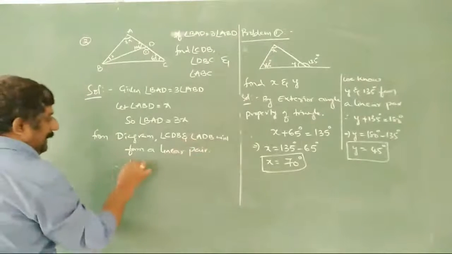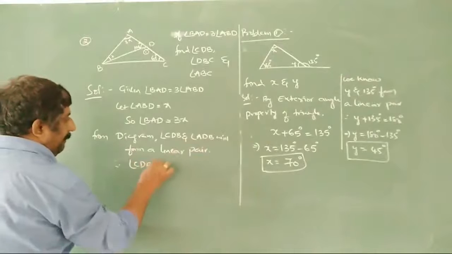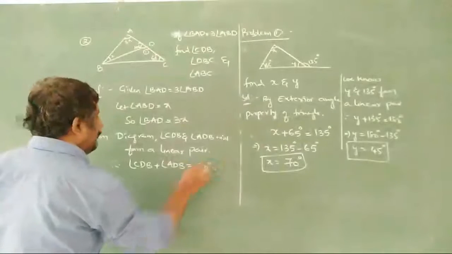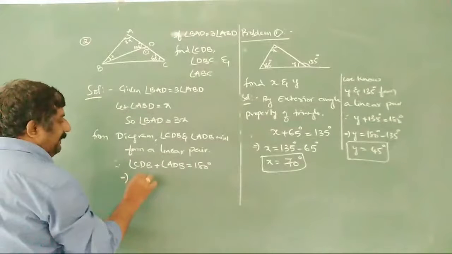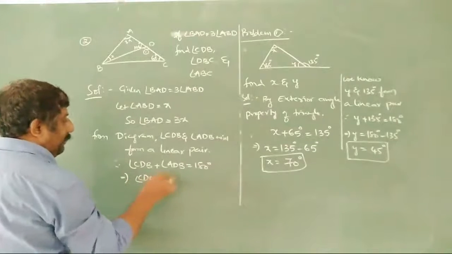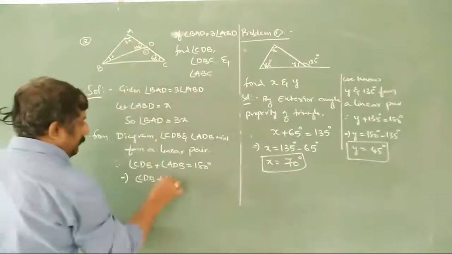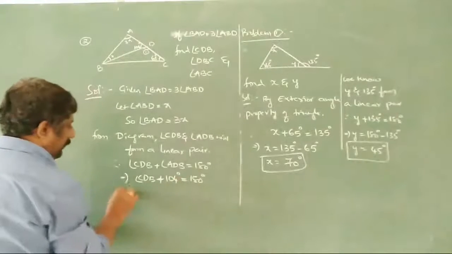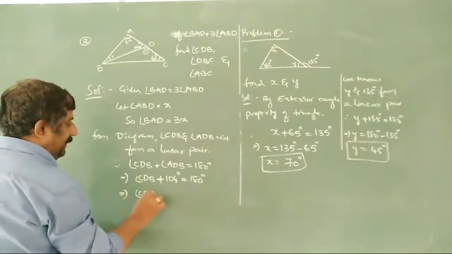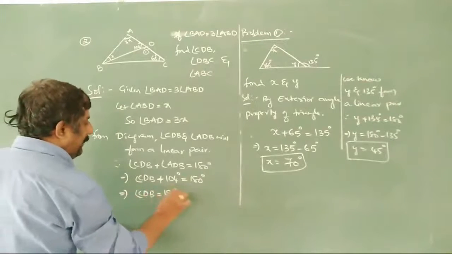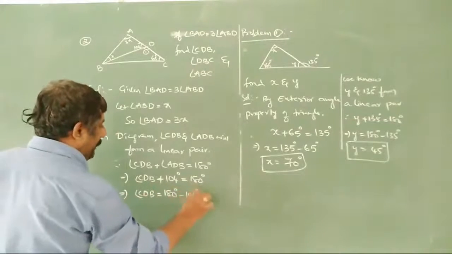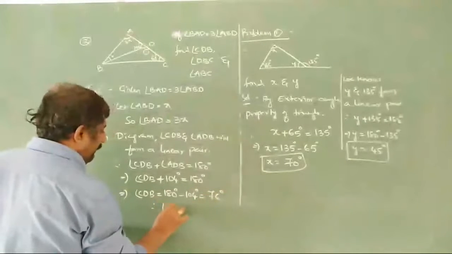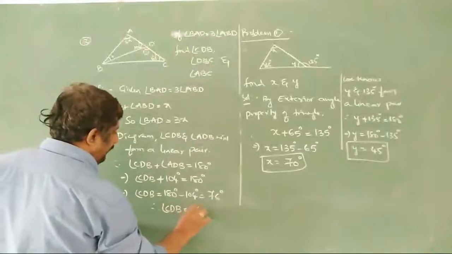So therefore angle CDB plus ADB is equal to 180 degrees. Angle CDB plus 104 is equal to 180 degrees. So angle CDB is 180 minus 104, which is 76 degrees.